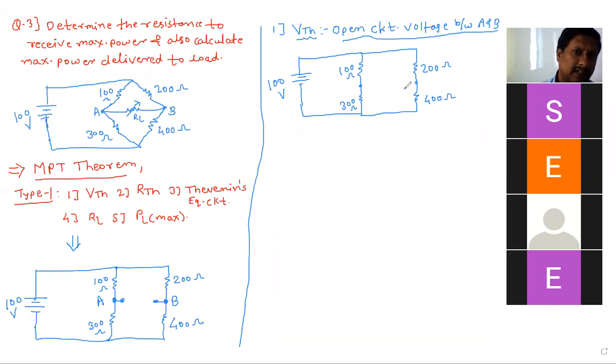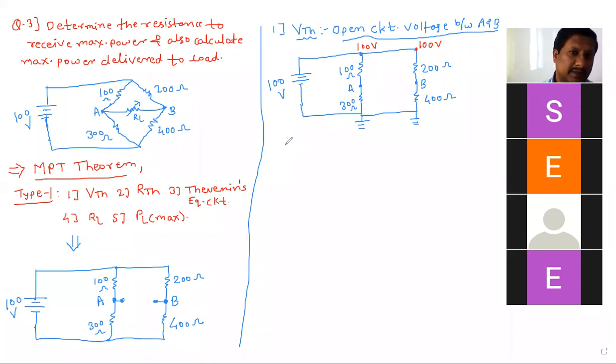Both branches are parallel to each other, and parallel to what? To 100 volt. Right. So if you are considering this as a ground, the voltage across this whole branch will be 100 volt. Similarly, the voltage across this whole branch will be 100 volt. So we can mark here 100 volt, here also 100 volt with respect to ground. So this is one circuit, one branch means this is one closed loop. This is one closed loop.